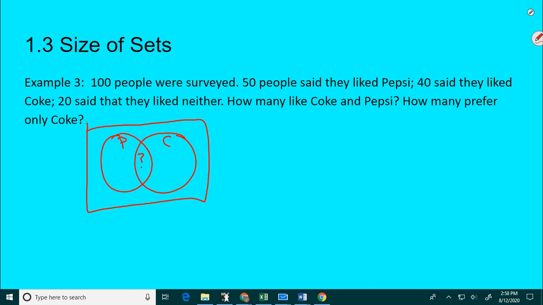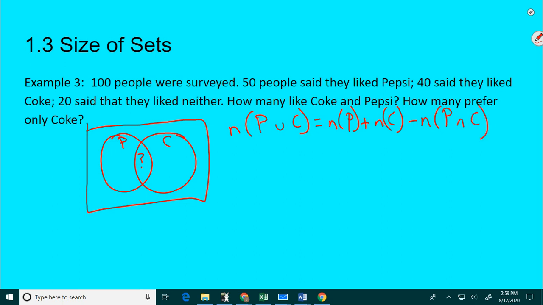All right, so my formula again, not probability, I'm getting a couple chapters ahead of you. So the number in P union C equals the number in Pepsi plus the number in Coke minus the number in the intersection.